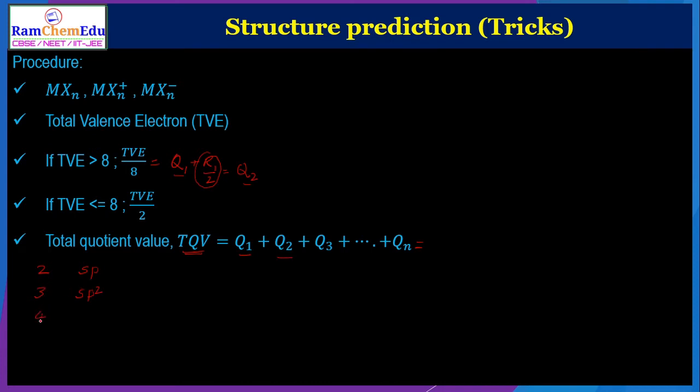And if the total quotient value is equal to 4, you put it as sp3. And if it is 5, then sp3d. You have to go for d because the p orbital has only 3 sub-orbitals. And if it is 6, you put it as sp3d2. So this is the hybridization of the molecules obtained based on their quotient values.